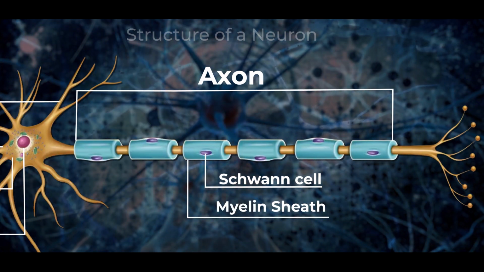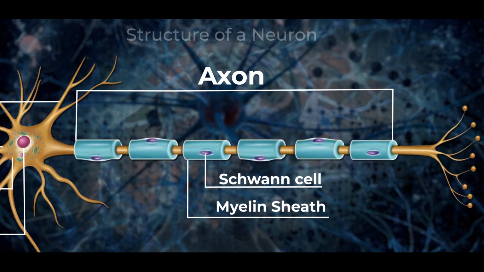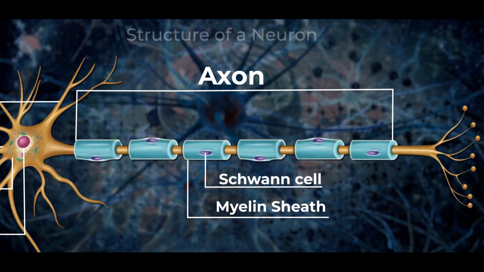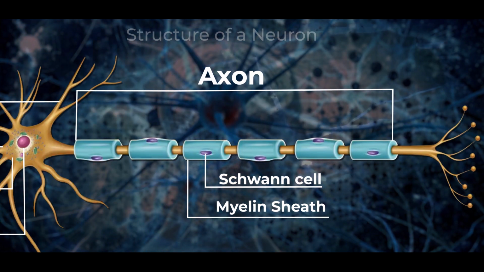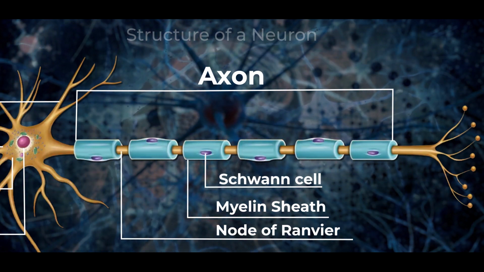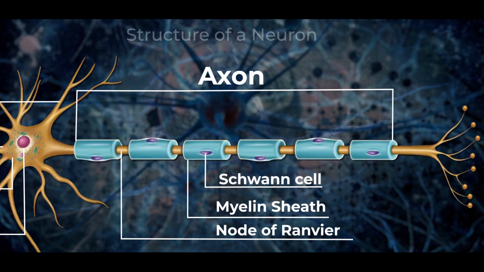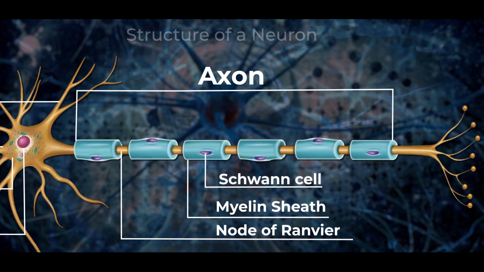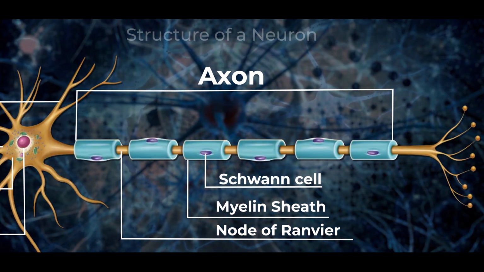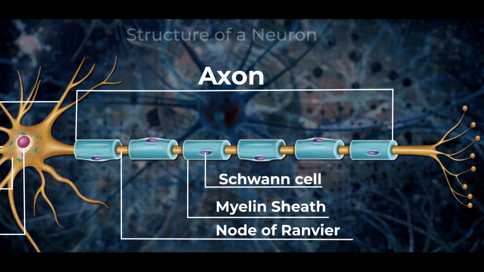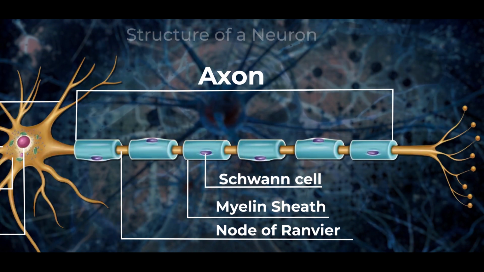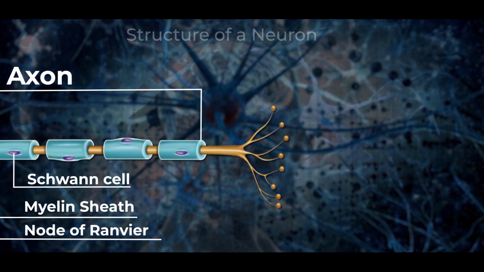The function of the myelin sheath is to give protection to the nerve cell, as well as to help in insulating the nerve cell. The nodes of Ranvier have an advantage again. If the nodes of Ranvier are present in the neuron, it is believed that the conduction of the impulse becomes faster. So these are the different parts present in the axon fiber.